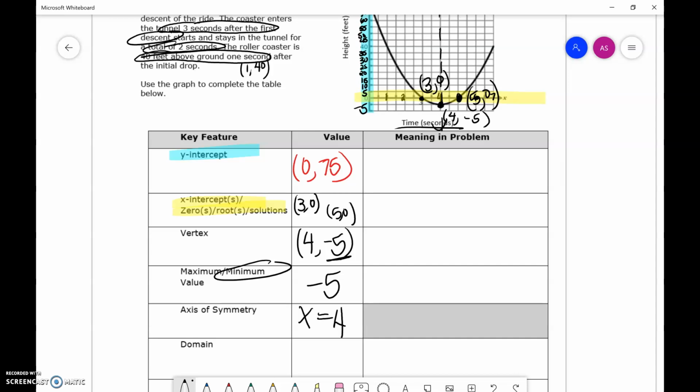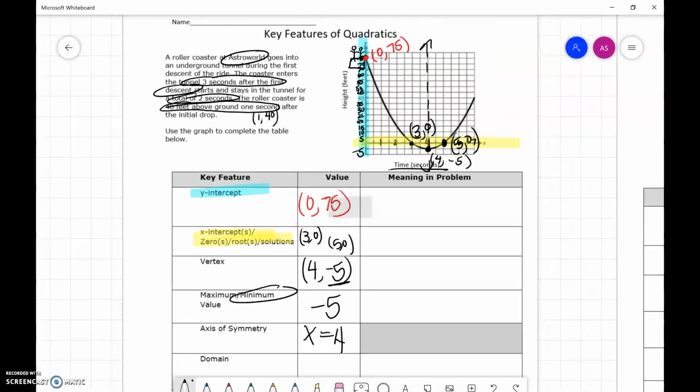Okay, now here's where it gets a little tricky, because when we're dealing with domain for quadratics, most of the time it's all real numbers. Here's one of those cases where it's not, because we're talking about a roller coaster and we're talking about time. If we were to say that this is all real numbers, that would mean that we travel back in time and we're riding a roller coaster. And if we say it was going to continue to positive infinity, that means we're going to be on this roller coaster forever and ever and ever.